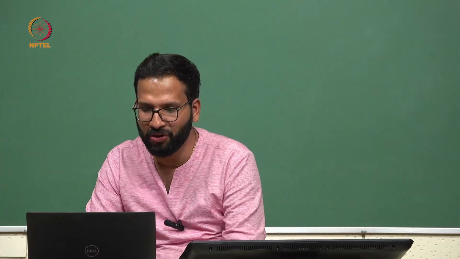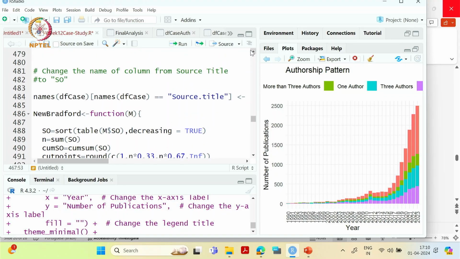So I'll just change the column name to SO. My data is in the DF case object, and source title is where my sources are, because while identifying the core sources, the only requirement I have is those sources. I need to identify the core sources.